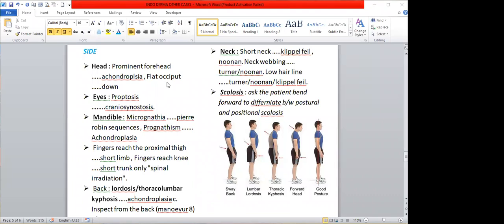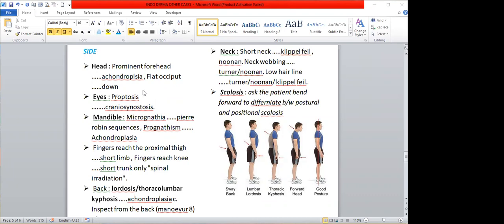That actually depends upon the case. I have seen several cases. But if there is any kind of finding like this, then we need to correlate with the disease or the syndrome. If there is a flat occiput, it is not always Down syndrome. Some other syndromes may have this kind of finding, so we need to correlate with the other findings also.